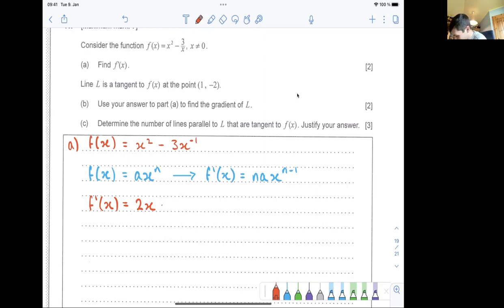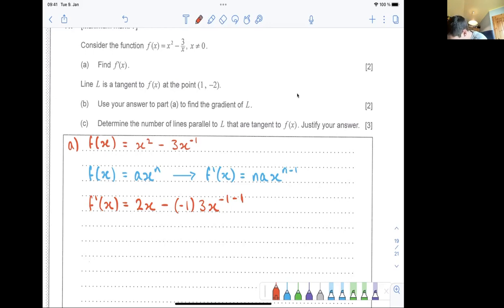So we're going to go minus, and now I have to bring the -1 power to the front, and that's going to multiply 3x, and then we have to go -1 minus 1. So we still have to subtract 1 off the power.